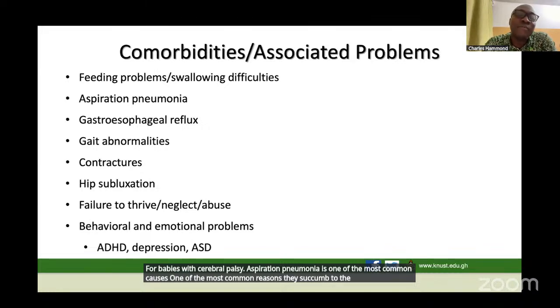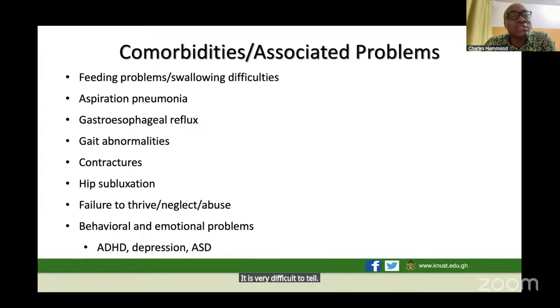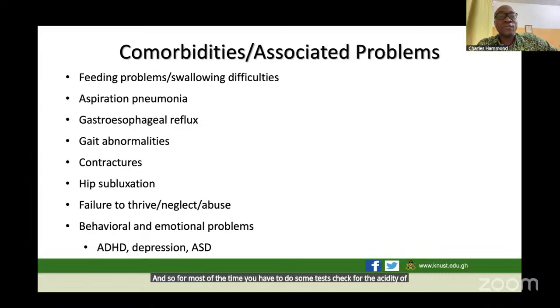A lot of them also have gastroesophageal reflux. It is very difficult to tell that they are having gastroesophageal reflux. And so for most of the time, you have to do some tests, check for the acidity of the esophageal contents.